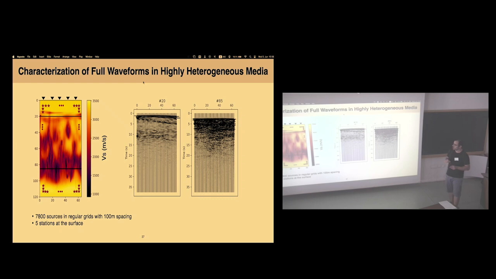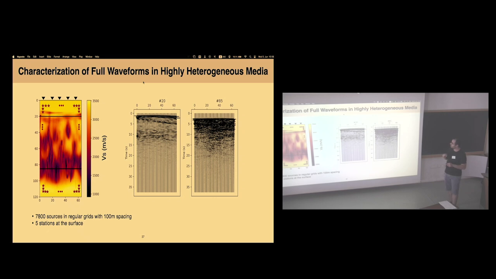So we have a receiver on the surface and a source in the media. We can act as a scattering, with around 5,800 sources on a regular grid and 5 stations on the surface.